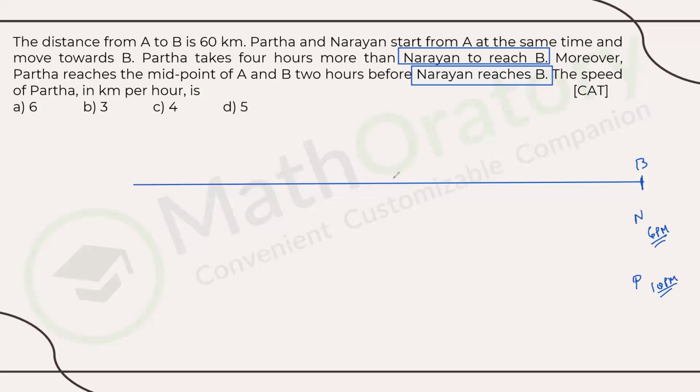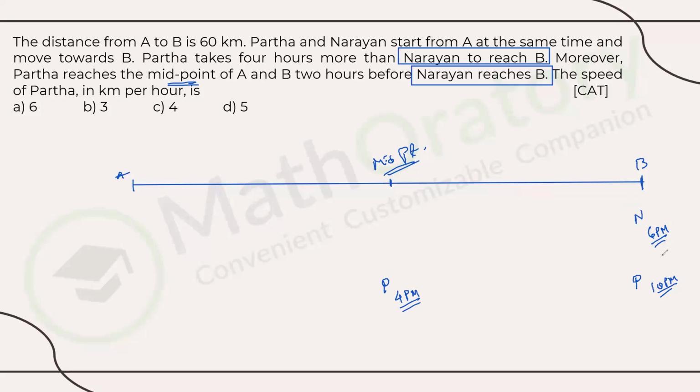We also know that Partha has reached the midpoint between A and B, the bang midpoint, 2 hours before Narayan reaches B. Narayan reaches B at 6 p.m., so Partha reaches the midpoint at 4 p.m. Now this arbitrary time is not actually relevant.